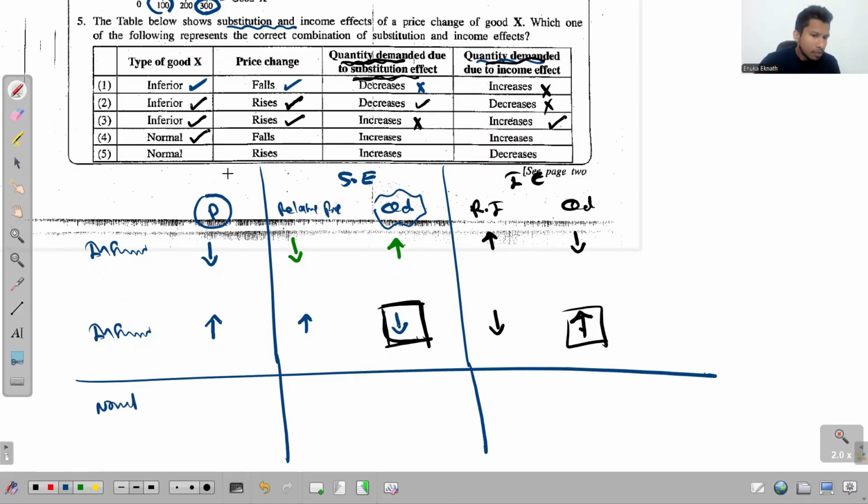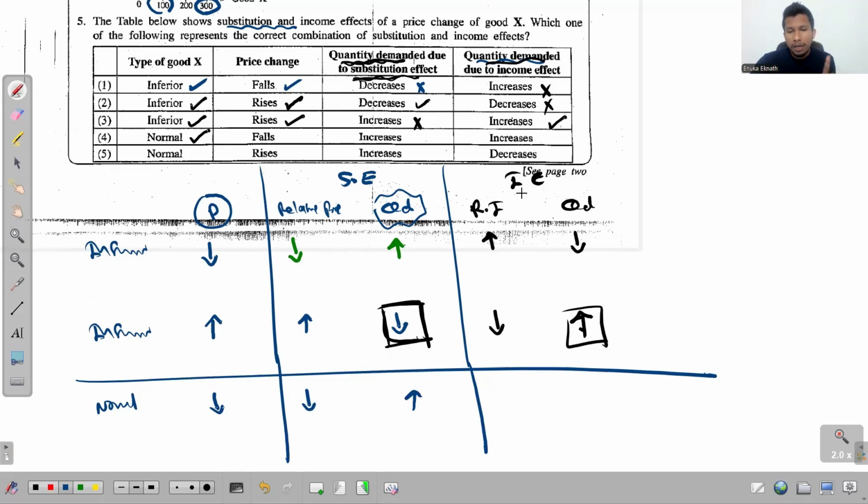If there's a normal good and the price decreases, as I mentioned earlier, the relative price also decreases, which means the product becomes relatively cheaper compared to the other substitutes. So the consumers will move from those substitutes to the considered good, so the quantity demanded of the good will increase.